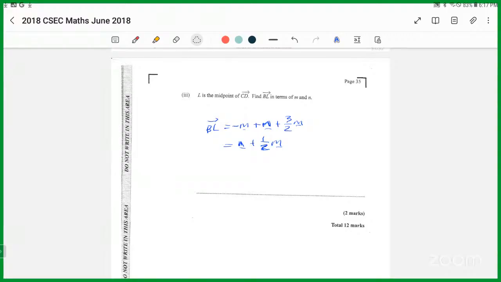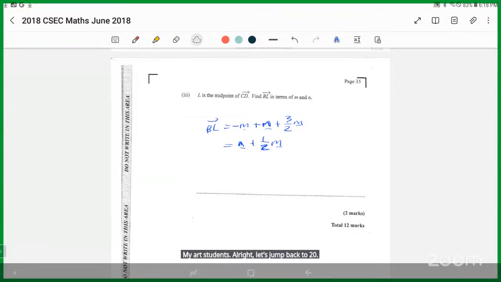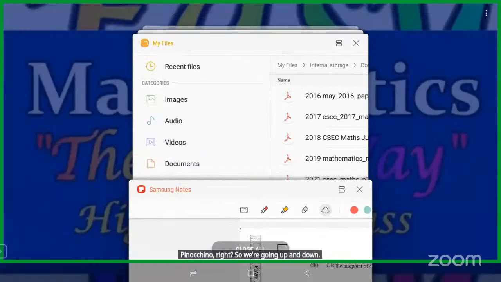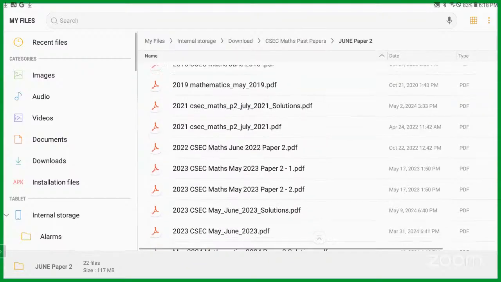Alright, very good. Alright, students, let's jump back to 2023 now. So we're going up and down, recent and late.